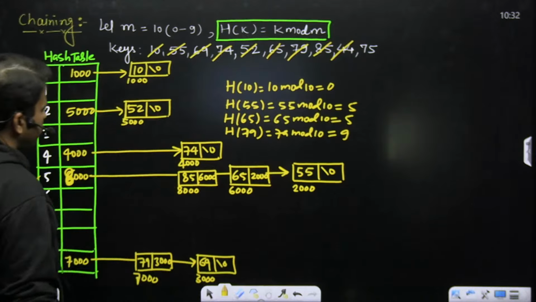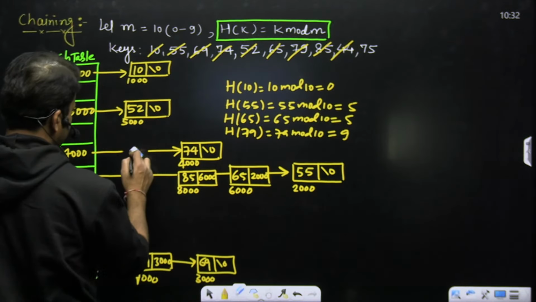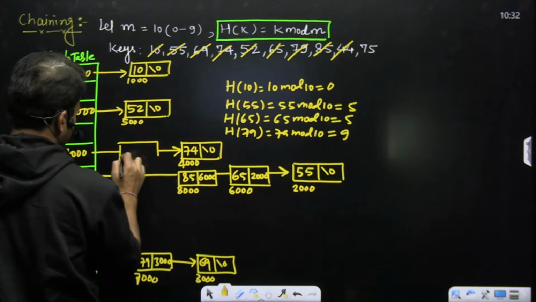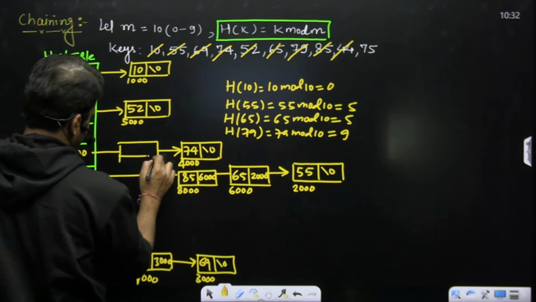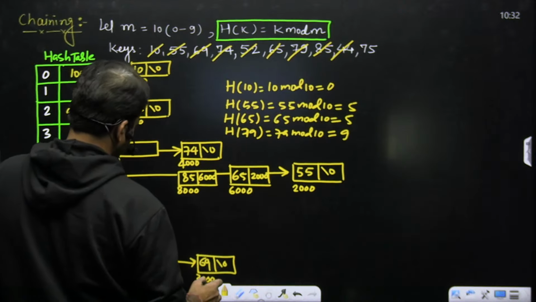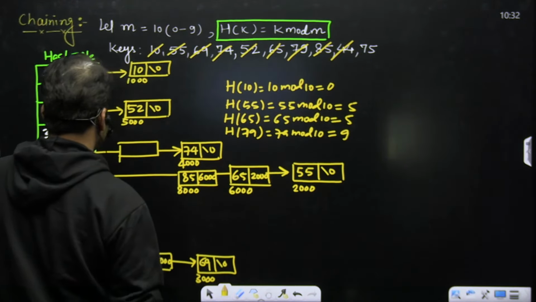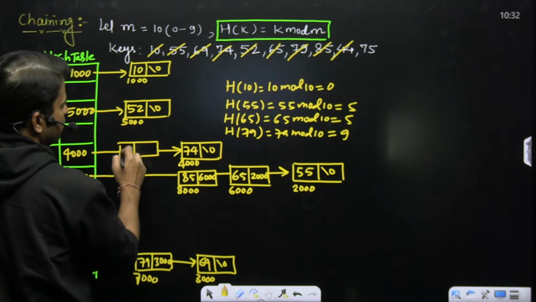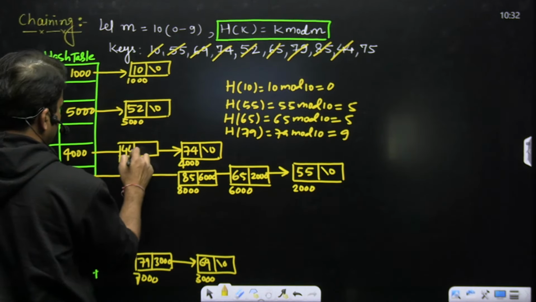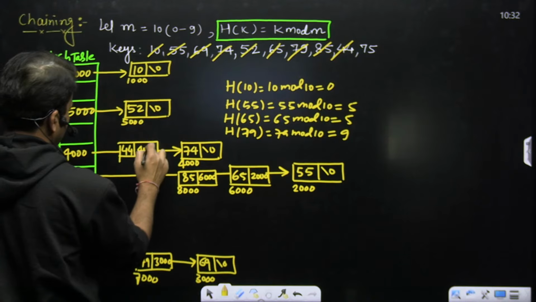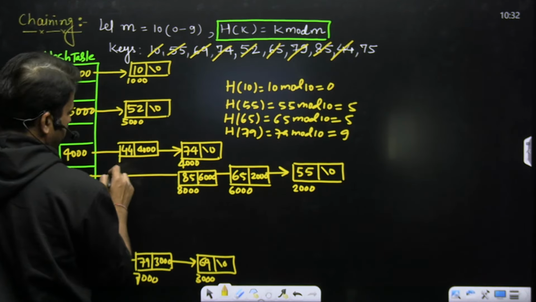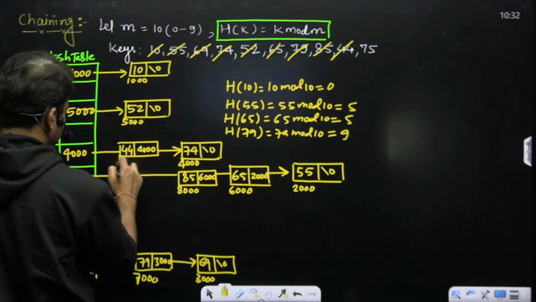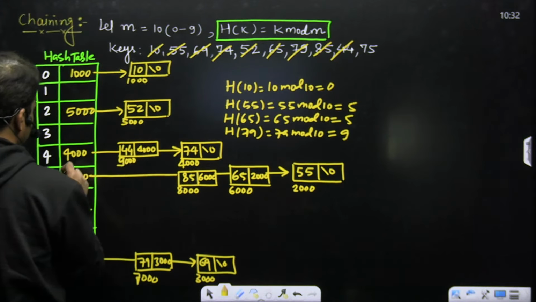This 44 has index 4, so it is stored at this index 4. And the address of this is, how far have we gone? 8000, 9000.